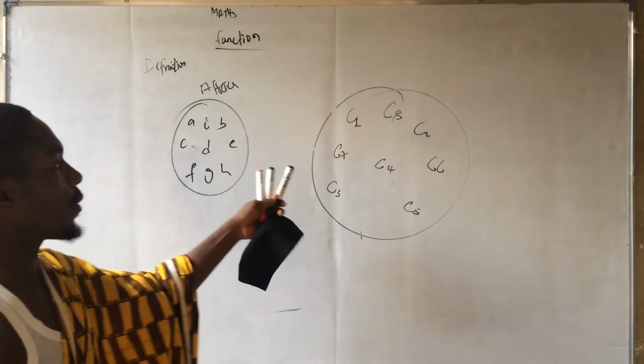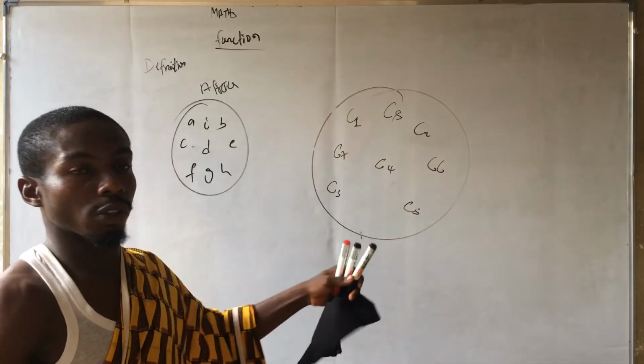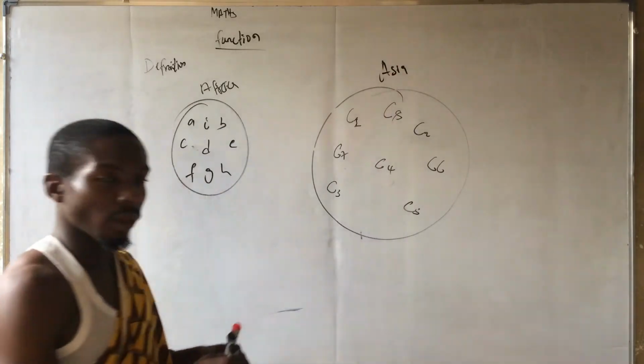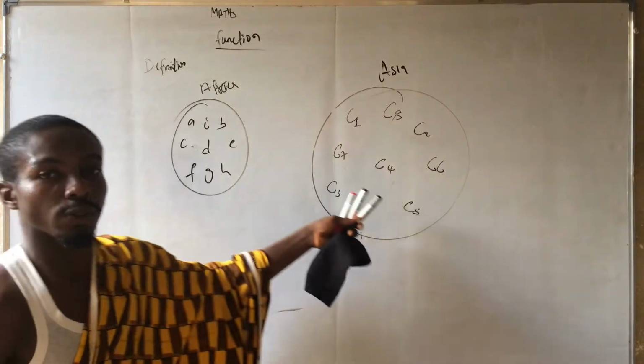So each of these are countries in, let me say, Asia. And people from Africa want to move to Asia.